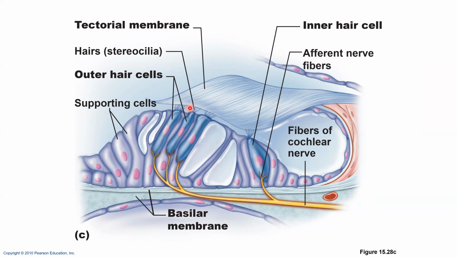And when those hair move, we open or close some channels here, and we allow ions to move in and out. When ions, which are charged particles, move, that's what we call electrical current.